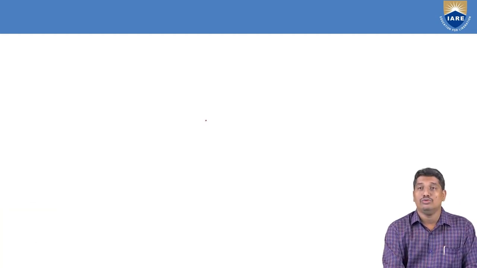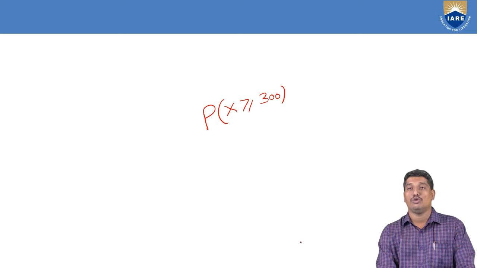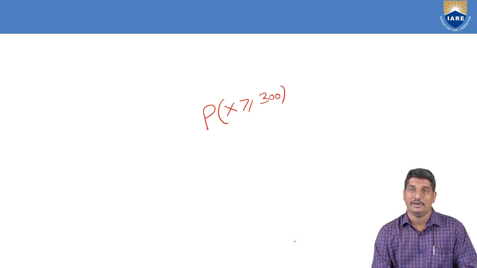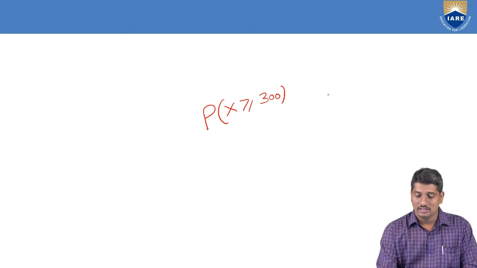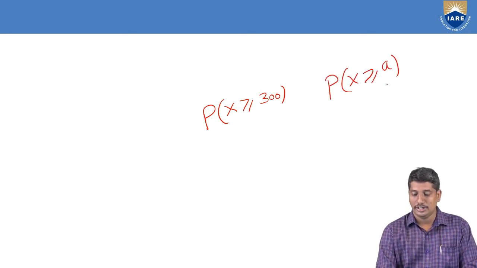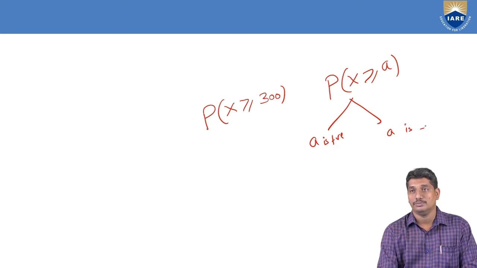Now when we move to the next case, that is to calculate the probability that India will score more than 300 runs in a one-day match, how do we deal with this? Again, in this situation, we will consider two cases, that is P(x ≥ a), where a is positive and a is negative.